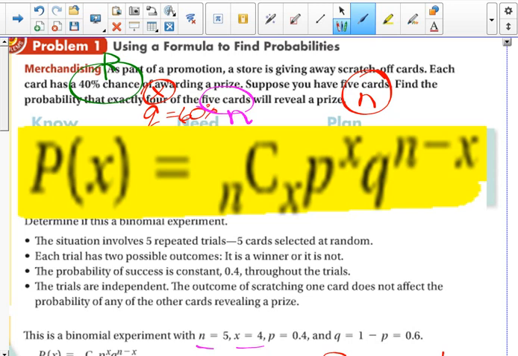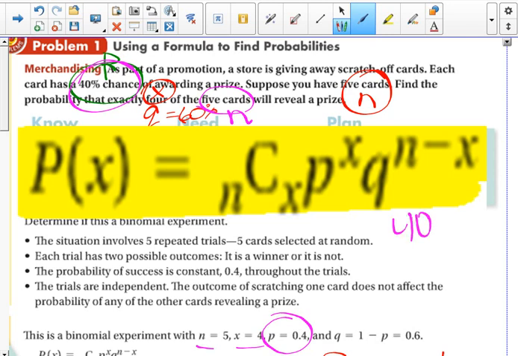And we know that p, lowercase p, is a 40% chance. Each card has a 40% chance of getting a prize. So that's our probability of winning, 0.4. That means if you have a 40% chance of winning, you have a 60% chance of losing, right? Because 40 plus 60% is equal to 1.